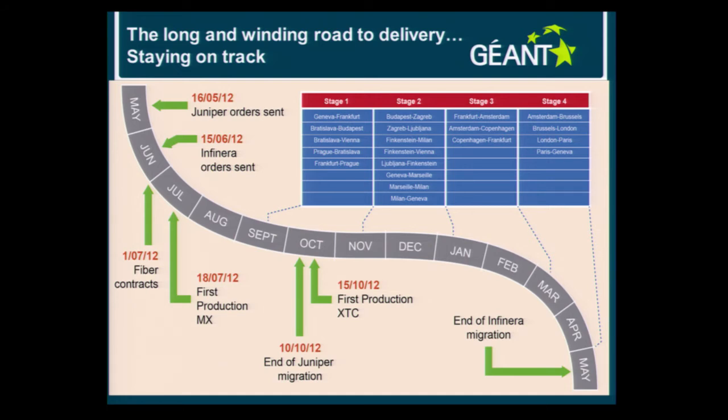So this was the timeline. In May 2012 we placed the Juniper MX order for the MCC replacement. Around end of June, early July, we raised the Infinera order, and fiber contracts were awarded in July. For first production, we decided to replace the switching equipment first, and then the DWDM equipment.